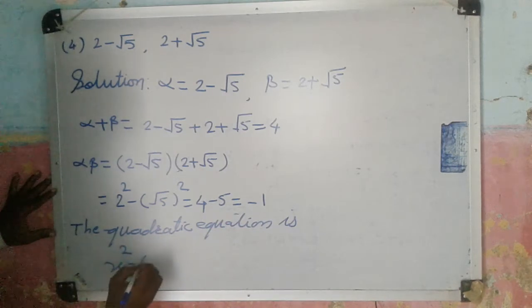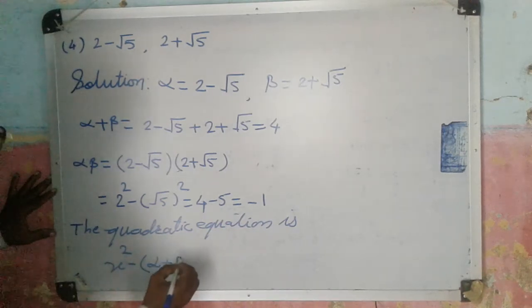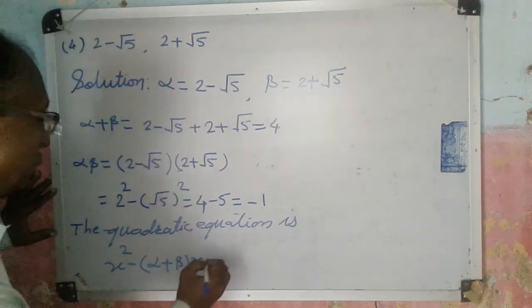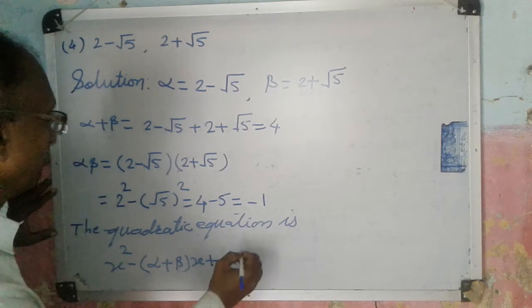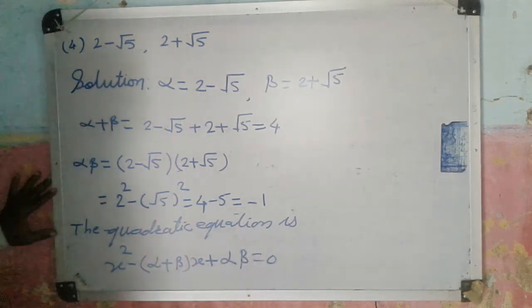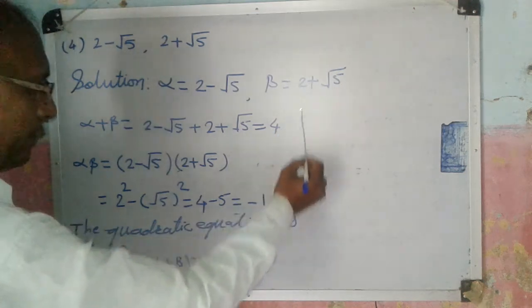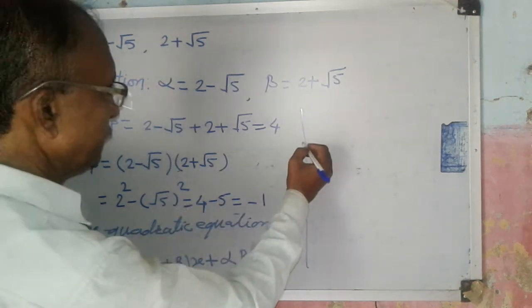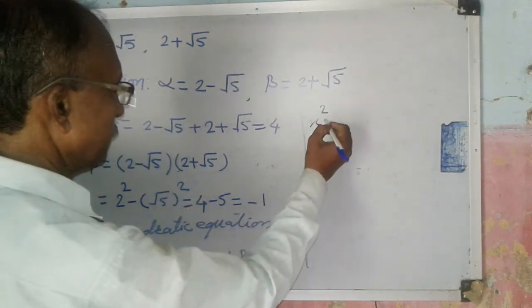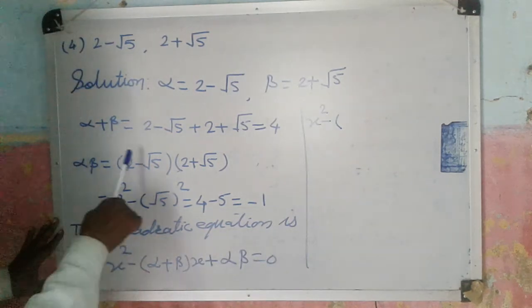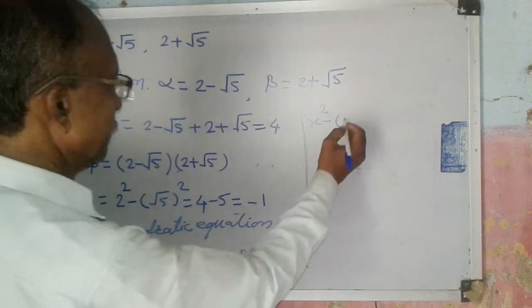x square minus (alpha plus beta) multiplied by x plus alpha into beta is equal to 0. Now put these values here. x square minus (alpha plus beta). So alpha plus beta is equal to 4.